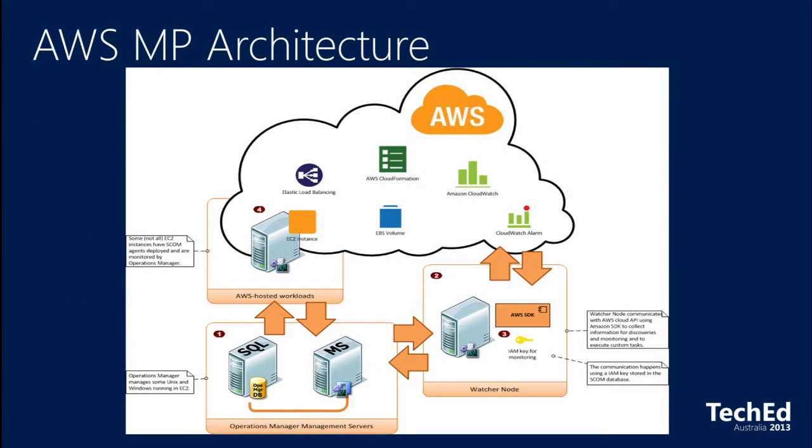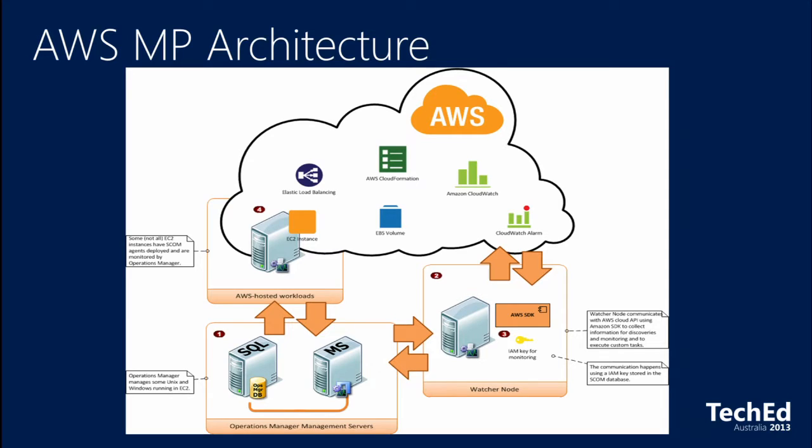Just a quick look at the architecture. Like I mentioned, with the Azure management pack moving to more of a watcher node perspective, the Amazon one is already there. So this one you definitely can select multiple watcher nodes already at the moment. Essentially the watcher node is a server that's got a SCOM agent on it, and it needs internet connectivity.